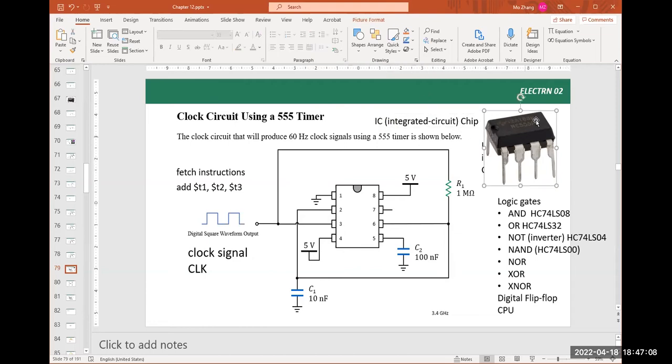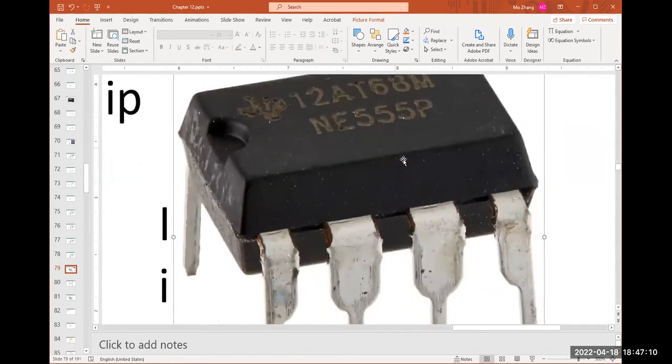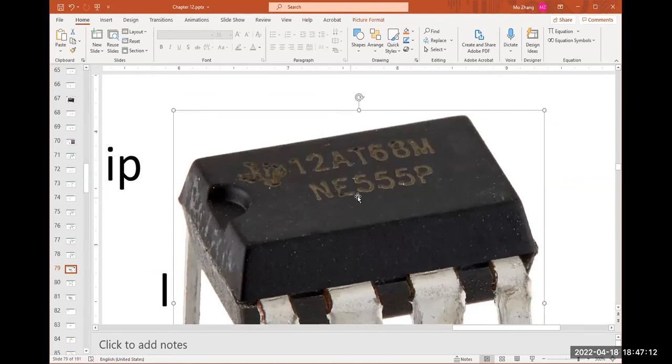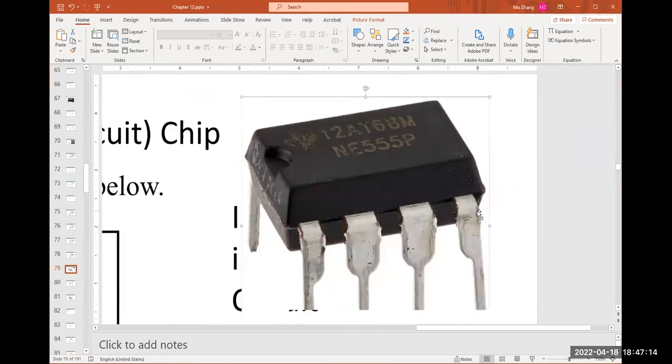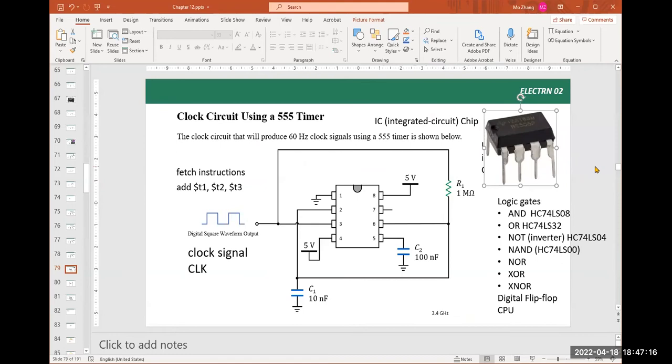And this one, if you zoom in or look closer, shows NE555. It is a very popular chip, super popular, especially in the late 80s and early 90s.